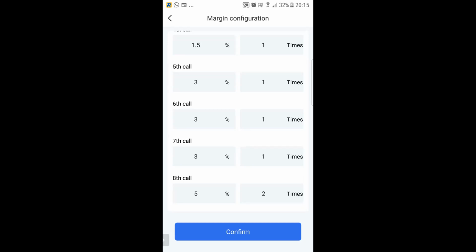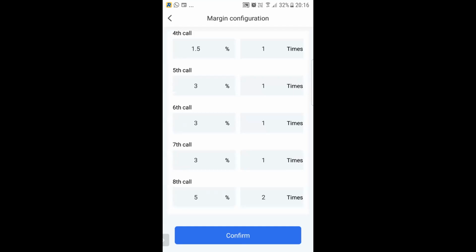One more question, please. So now, if we calculate from the first call to the last call, that means that the bot will be buying 9 times, right? Yes, you can say that, plus the first one. You are correct, because the first buy-in is not included on this list.